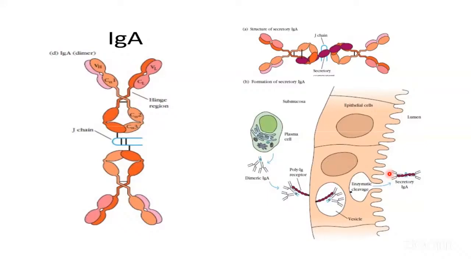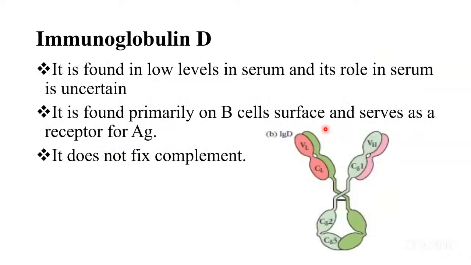That's why we have mucoid surfaces in those areas, and they contain plenty of IgA for those particular protective functions. Then IgD is found in low levels. This is actually very minimal, and its role is not very well established, but it's also produced, and it cannot fix the complement.